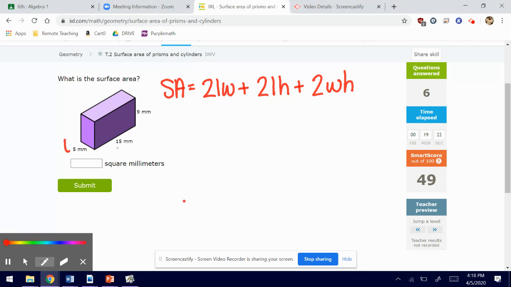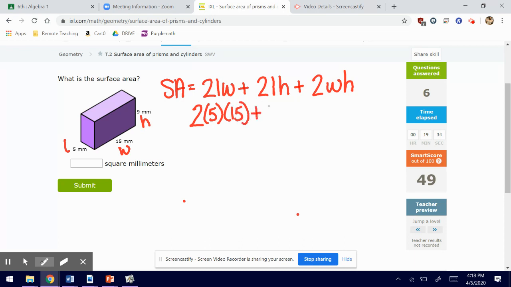So I'm going to make this length, this width, and that height. Here we go. Bring down 2. My length is 5. My width is 15. Bring down the plus. Bring down the 2. My length is 5. My height is 9. Bring down the plus, bring down the 2. My width is 15, and my height is 9. I got all of those from over here.